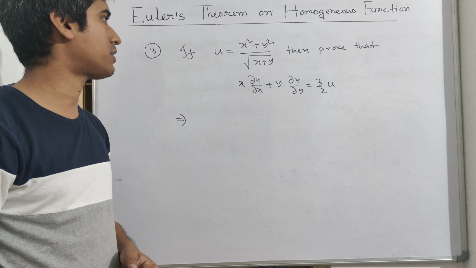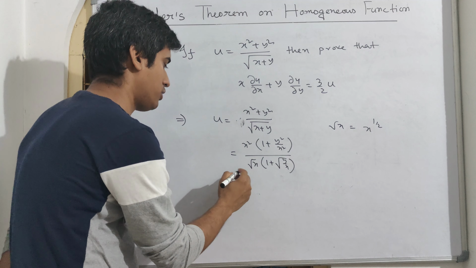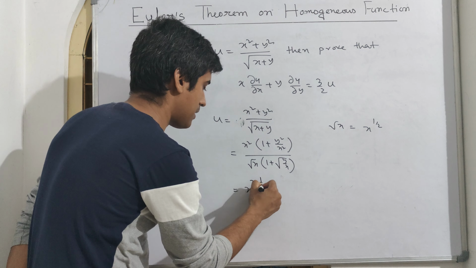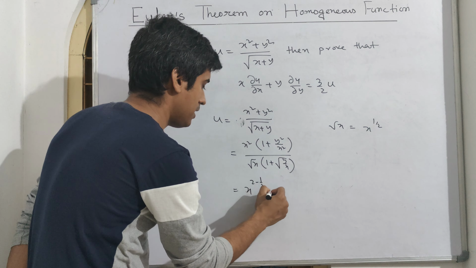So it is a function, we know that root x equals x to the power half. So the total power of x will be x to the power 2 minus half into function of y/x. So it will be x to the power 3/2 into function of y/x.